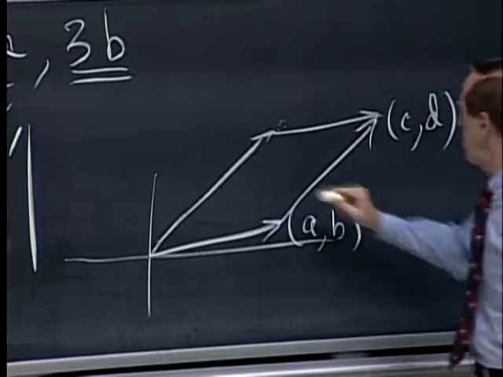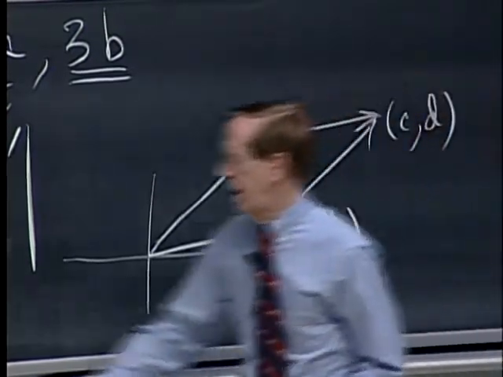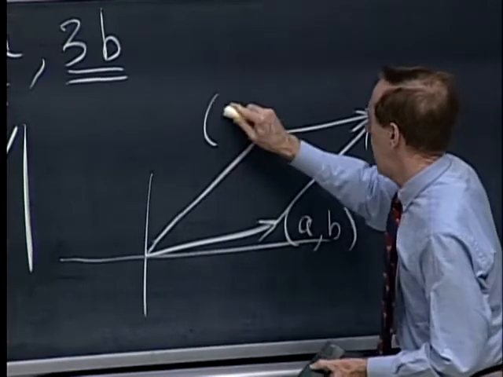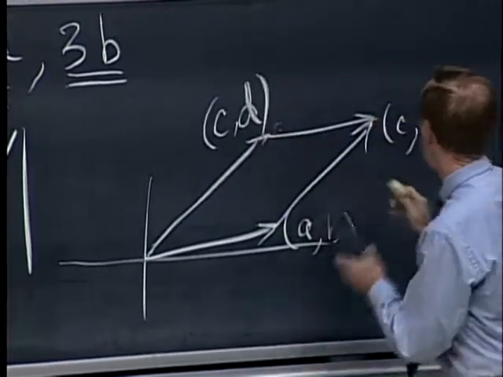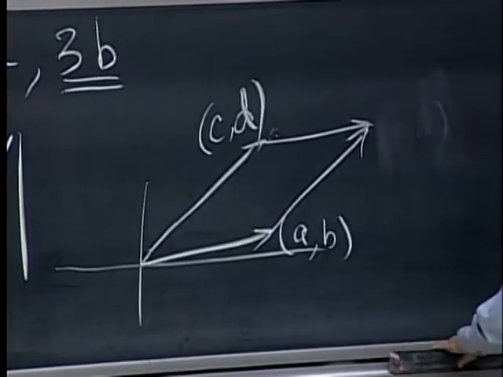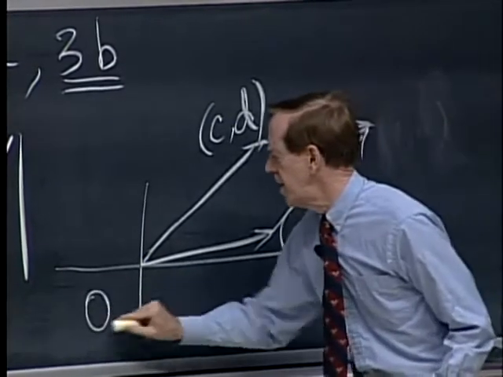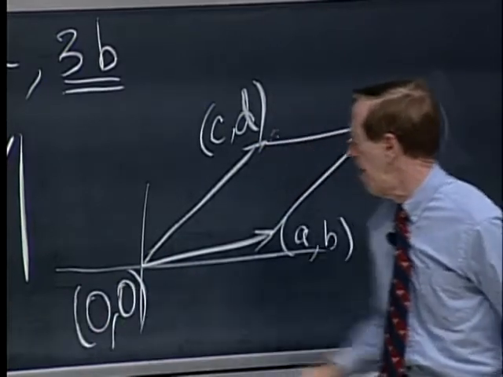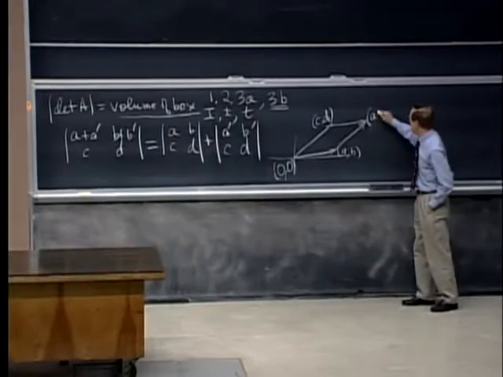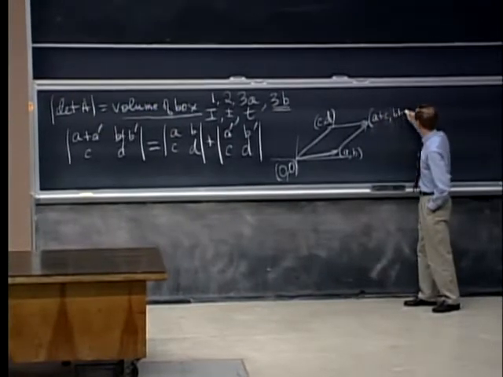So this is C. Well, I better make it look right. It's really this one that has coordinates CD, and this has coordinates, whatever the sum is. And, of course, starting at 0, 0. So we all know this is A plus C, B plus D.